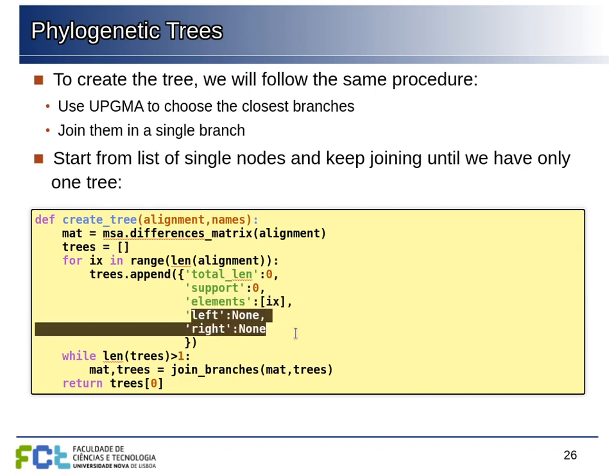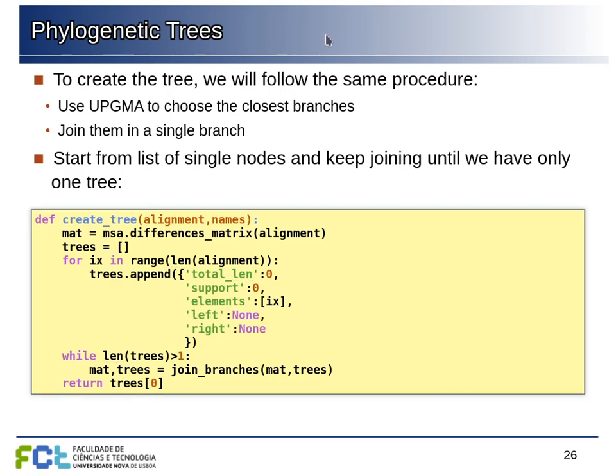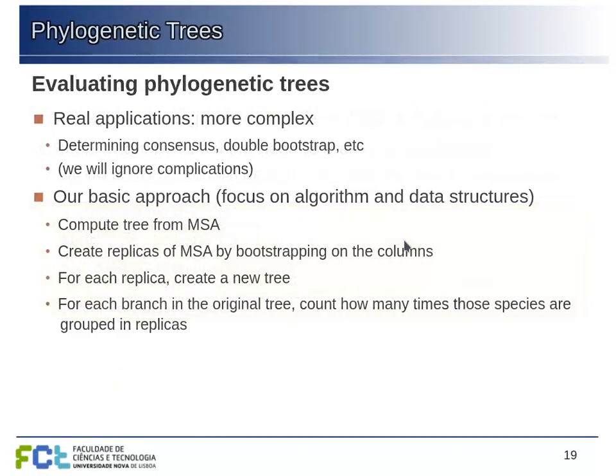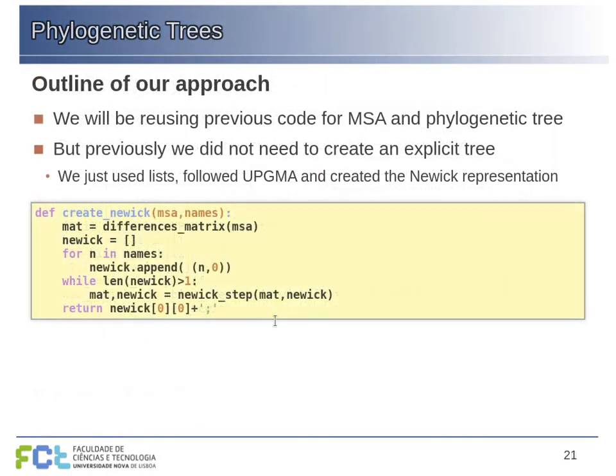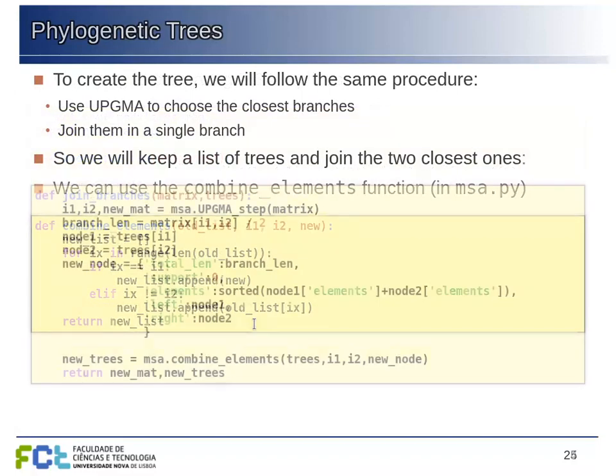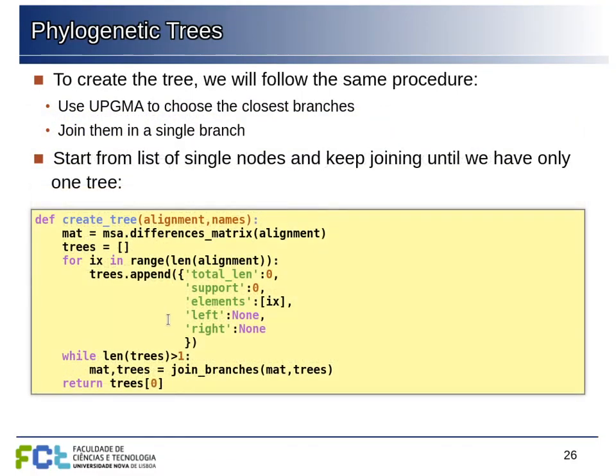There is no subtree because this first list of trees is only storing these final nodes here, Homo sapiens, Pan troglodytes, and so on. So we don't have anything under those nodes. And the elements is only a list of one single element, that particular one.